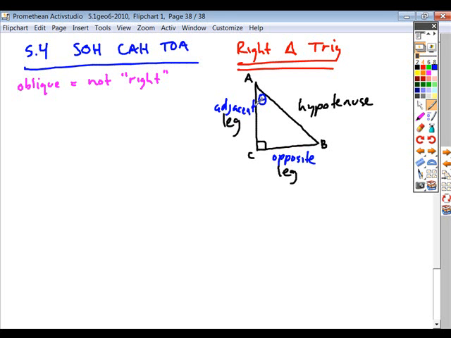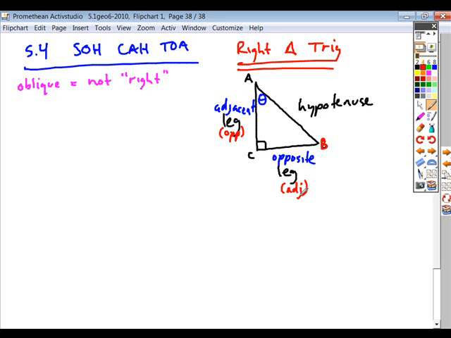The adjacent leg will be one of the sides of the angle. The opposite leg will not be either side. Now, if I had been referring to angle B in this case, then my leg AC would be the opposite leg, and leg BC would be my adjacent leg. So it might change. It all depends on how it's related.